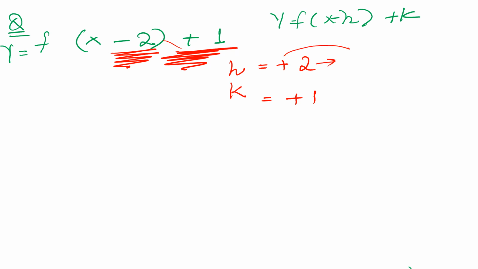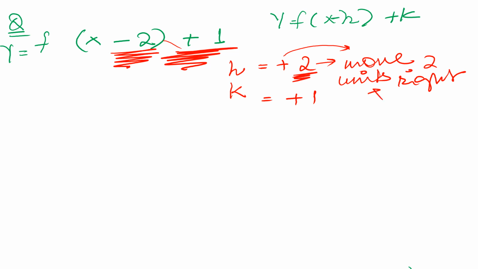So plus says move how many units? Here 2 units. And where, right or left? Plus means right. And now tell me k. k is saying what? Move 1 unit, where? Plus means up. So this is how we have to describe our transformation.